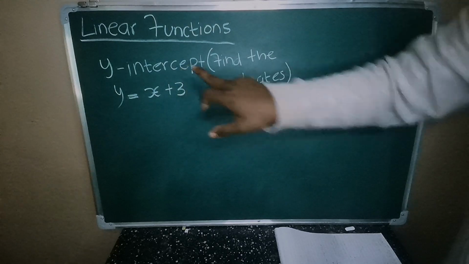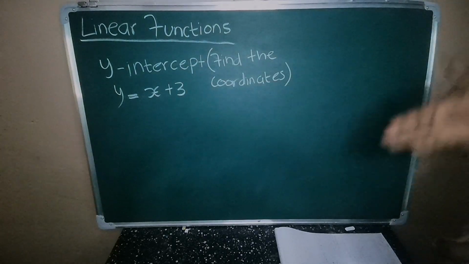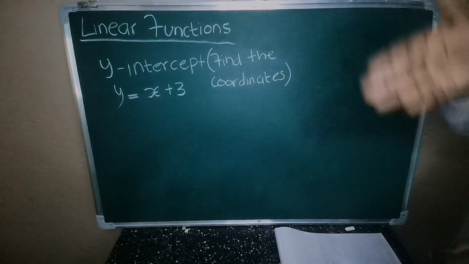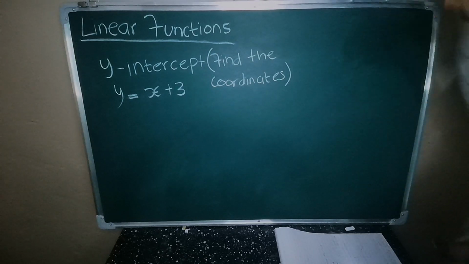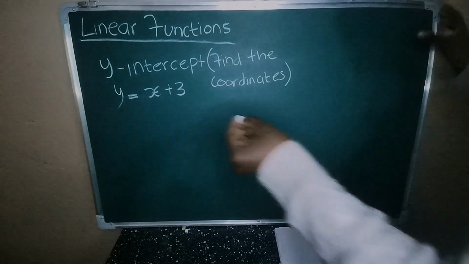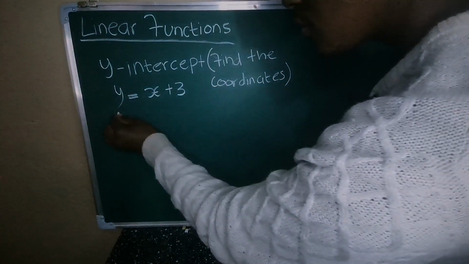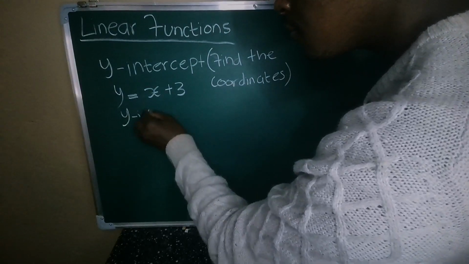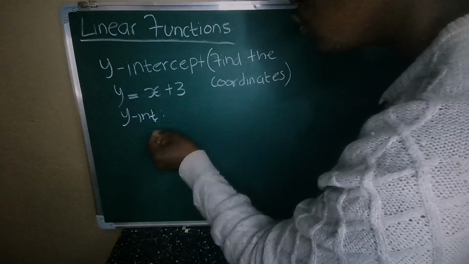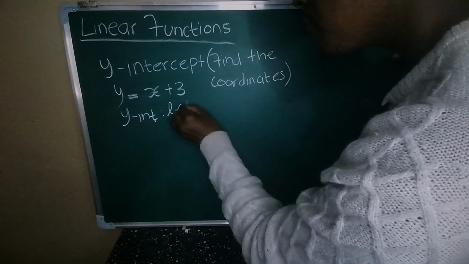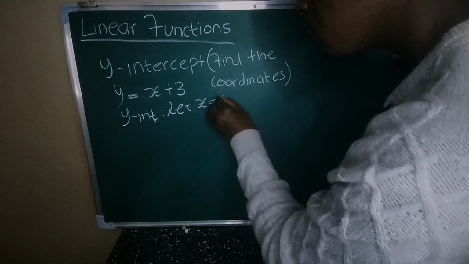Now the y-intercept is where our graph cuts the y-axis. That's where our x is 0. That means to find the y-intercept, you let x be equal to 0.